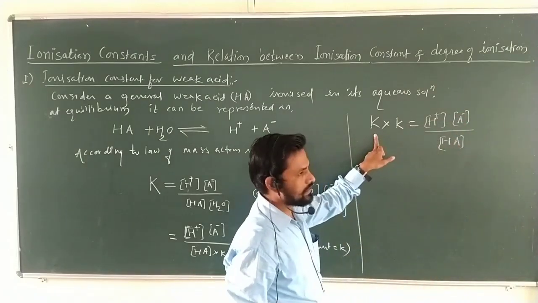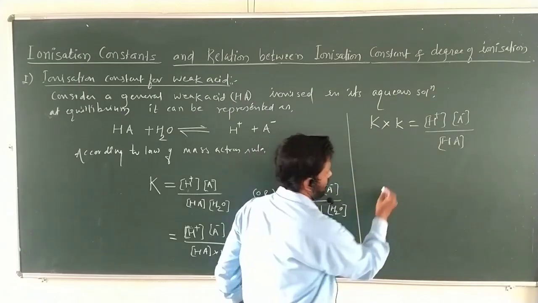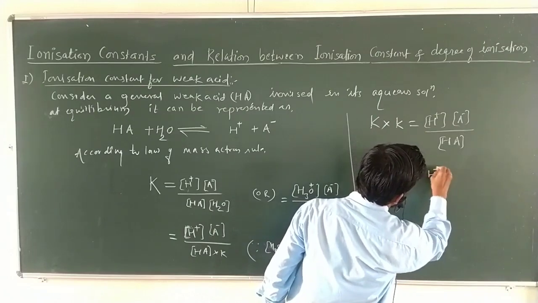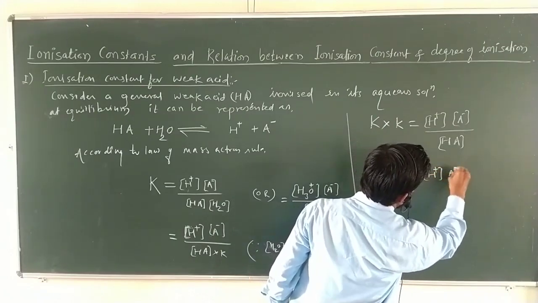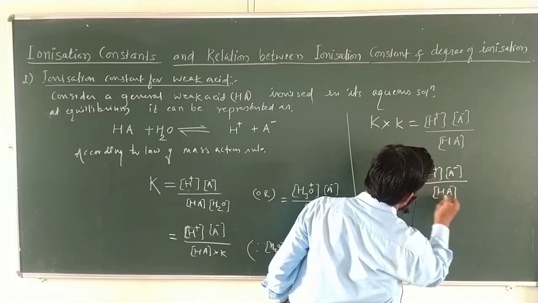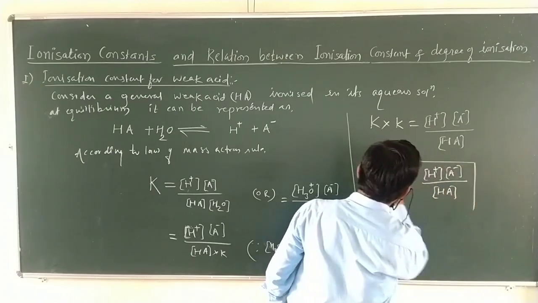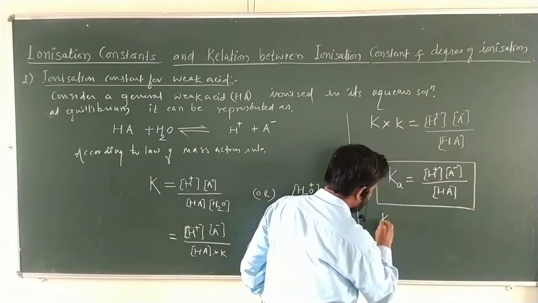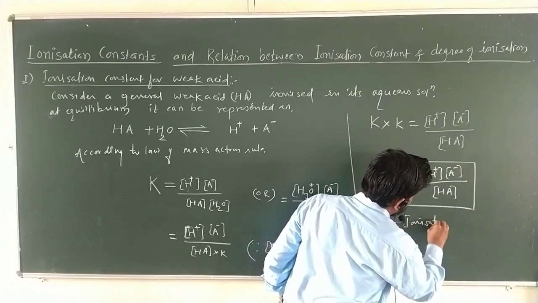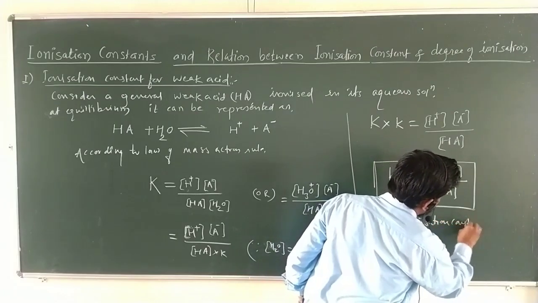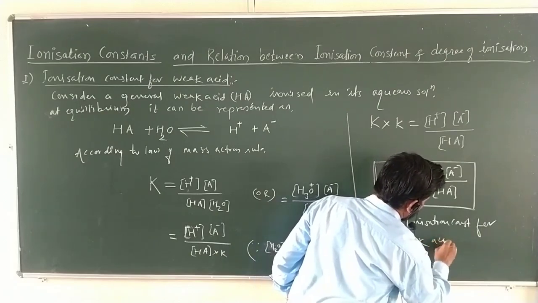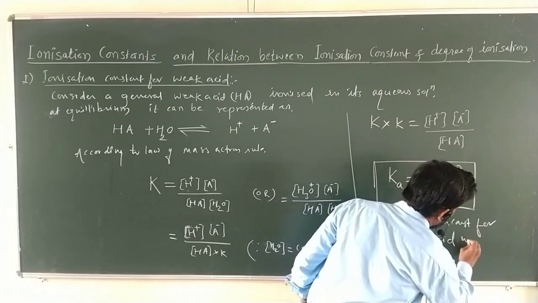Here constant into constant, you will get a new constant value, that is Ka equal to H plus A negative upon HA. This is the ionization constant for a weak acid, or weak electrolyte.